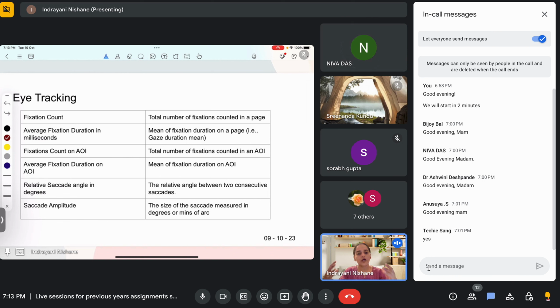So you need to calibrate your eye trackers. It's not like you place your eye tracker and it will start capturing. You need to specify your screen size before you calibrate for a particular user, and for each user, for each session, you have to calibrate your eye tracker.